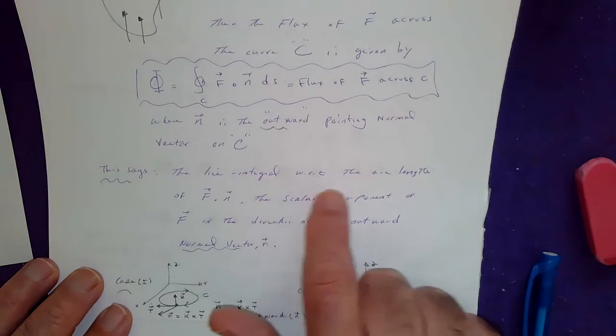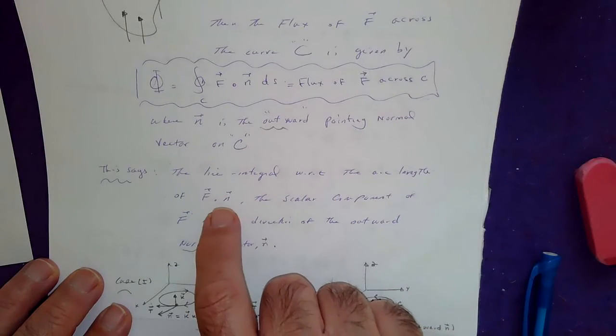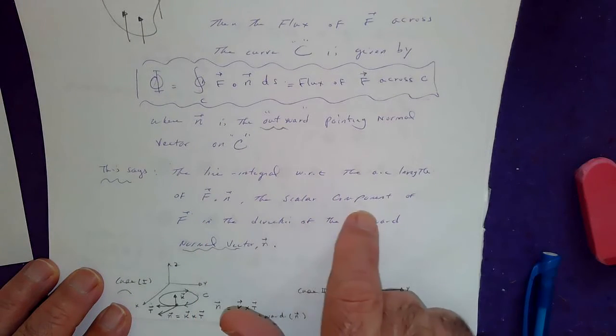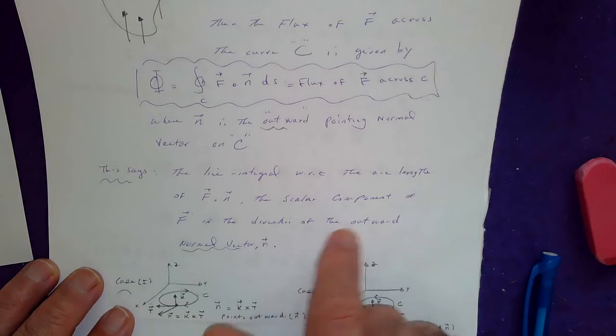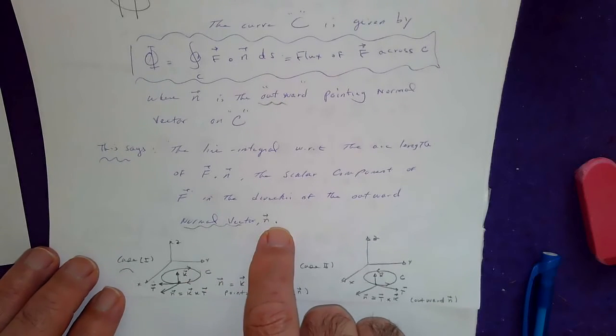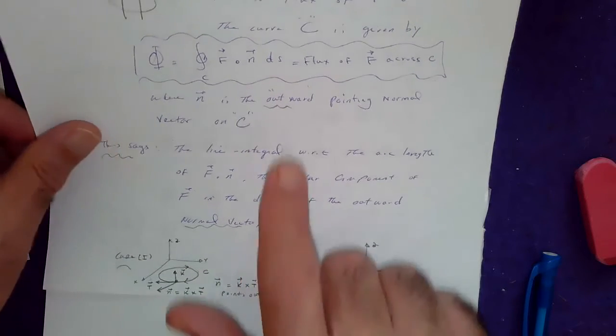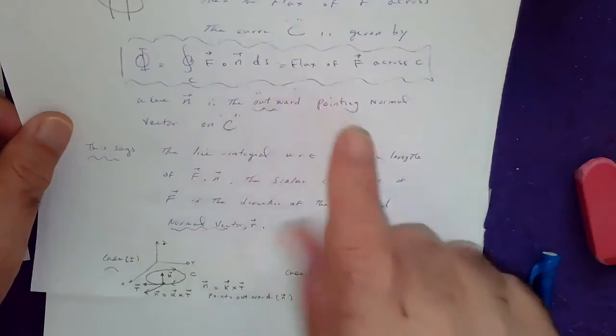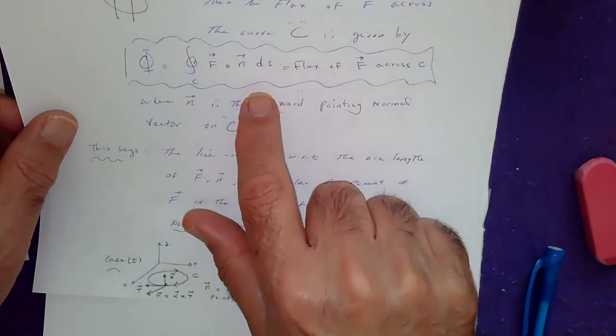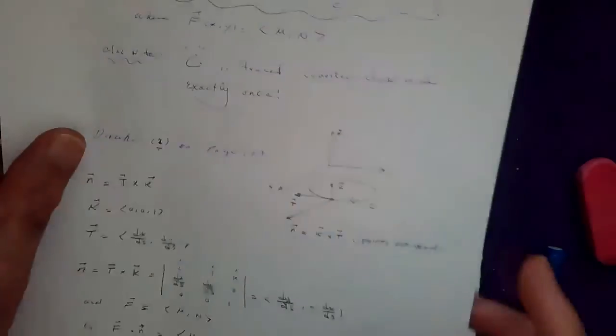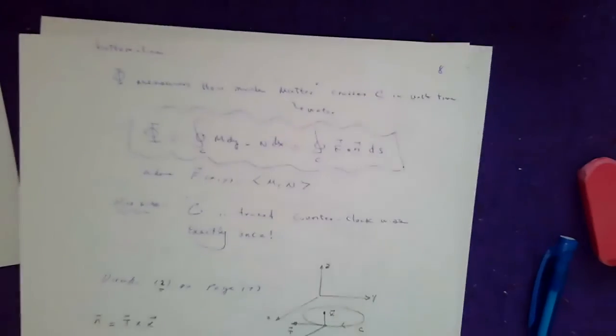So the line integral with respect to arc length of F dot n is the scalar component of F in the direction of outward normal n. So the question is, how does this apply to a specific vector field?